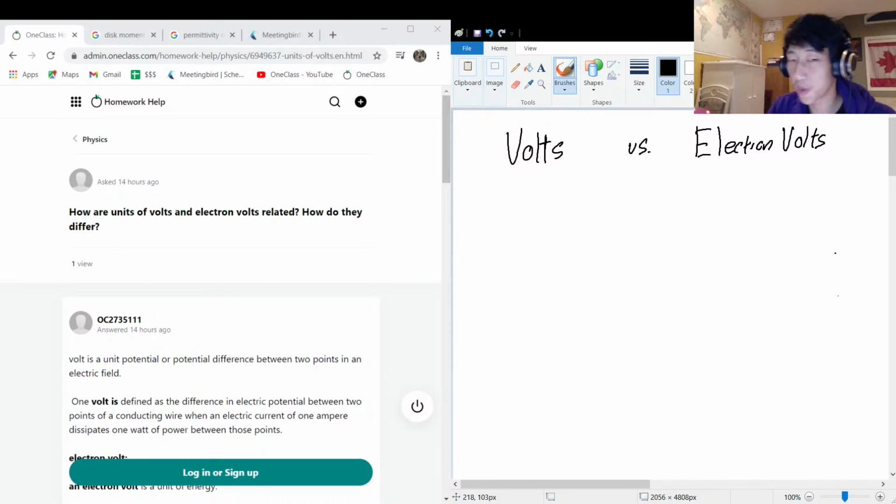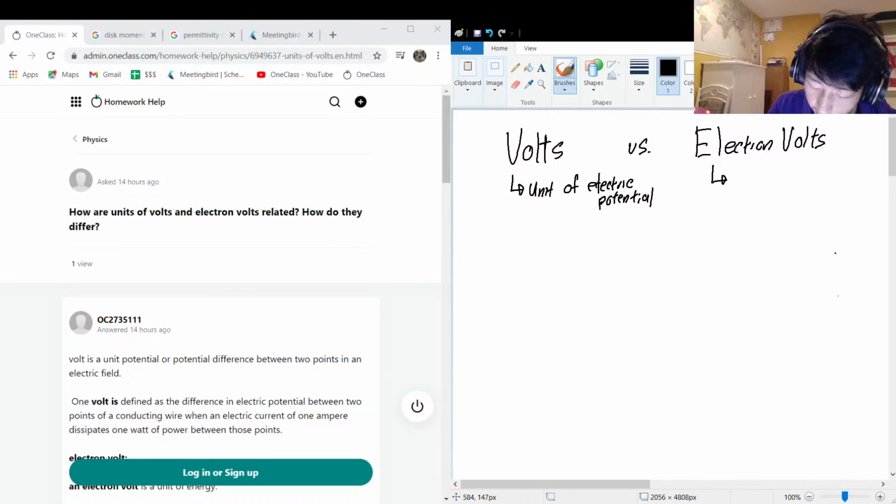Anyways, how are volts and electron volts related? Well, let's just talk about what they are as individuals before we talk about how we compare one to another. So volts is a unit of electric potential. And electron volts is a unit of energy.